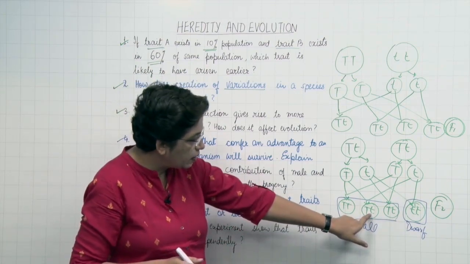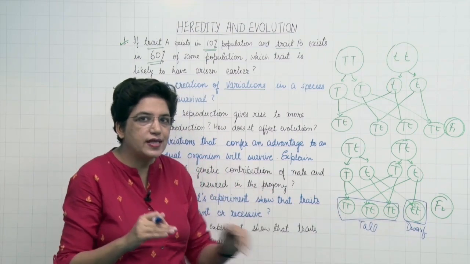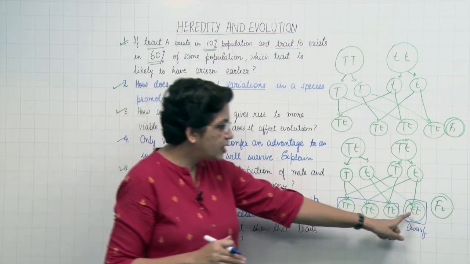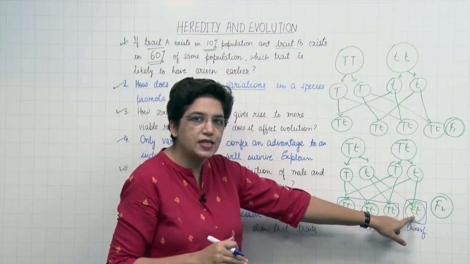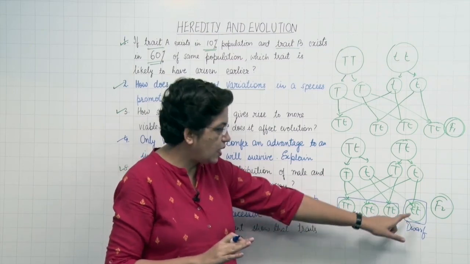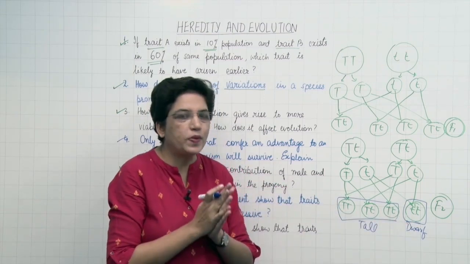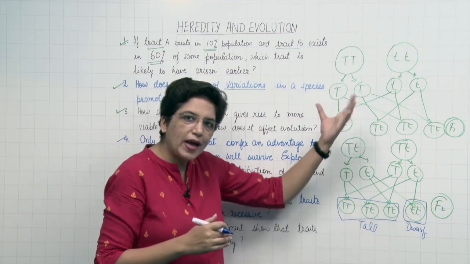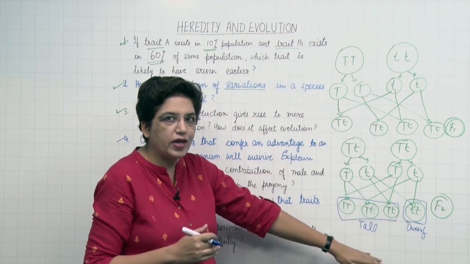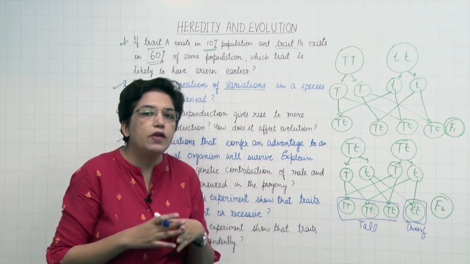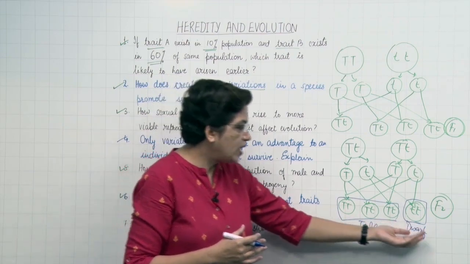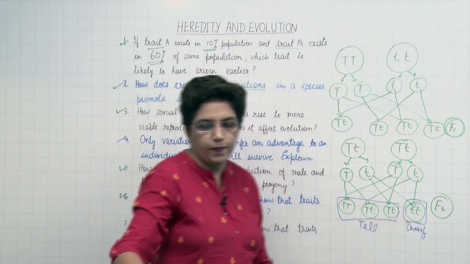This small t will not be able to express itself because of the presence of the dominant gene, but here this small t will be able to express itself because capital T is not present in the cell, only two small t's. I hope it is clear to you. So by performing monohybrid cross for F1 and F2 generations, Mendel was able to show that some of the genes are dominant while others are recessive.